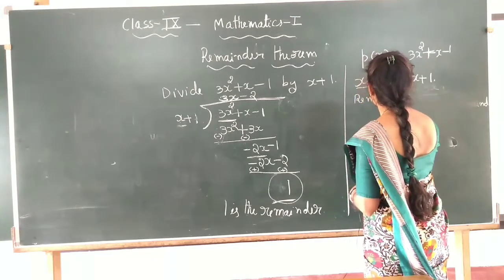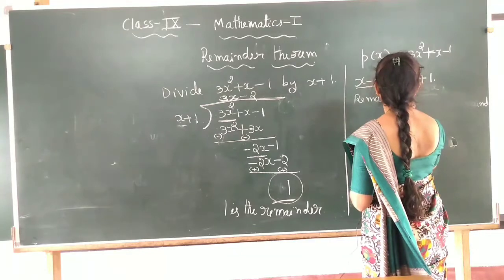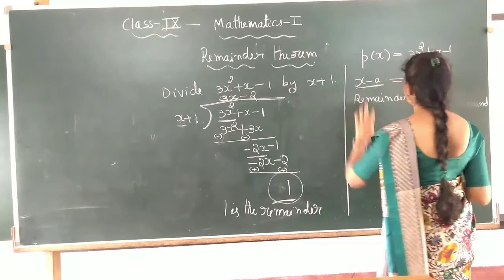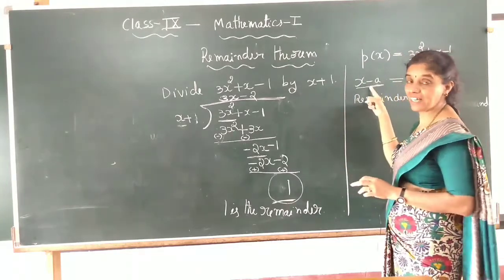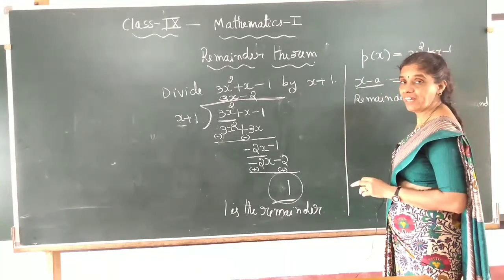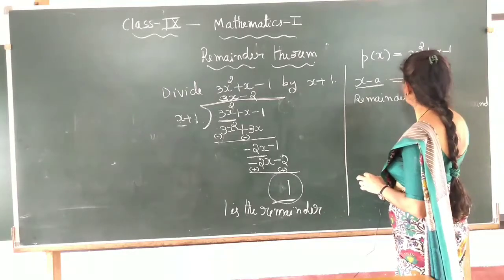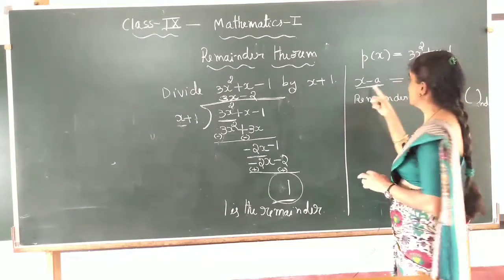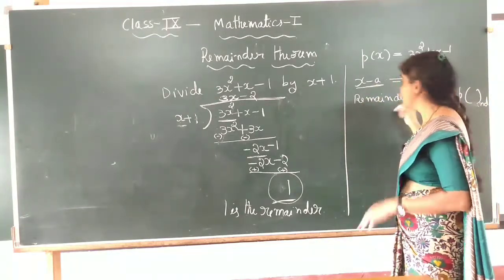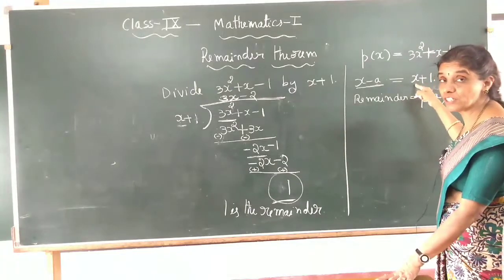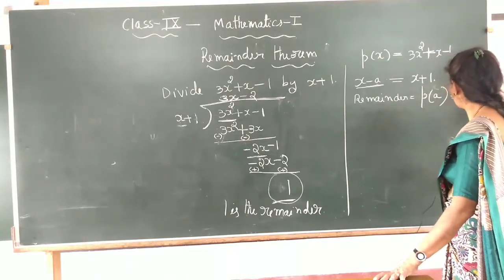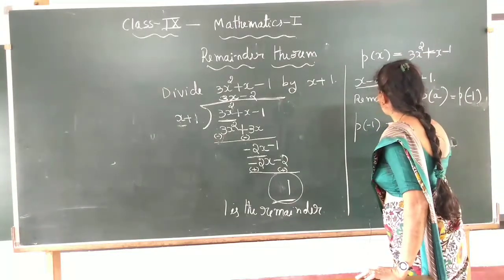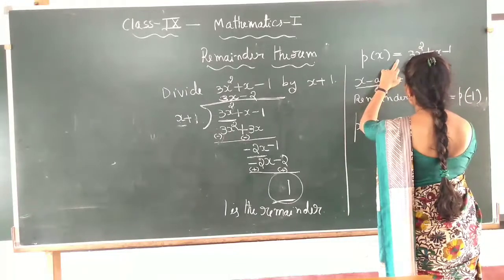The remainder is equal to this polynomial, and if it is minus a, you have to take a. Here I have plus 1, so what should I take? Minus 1.